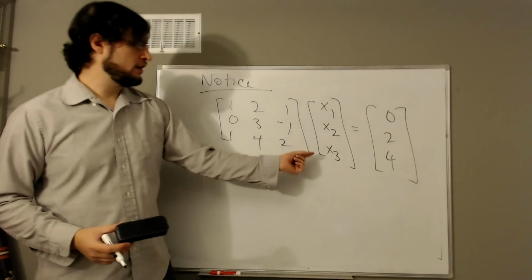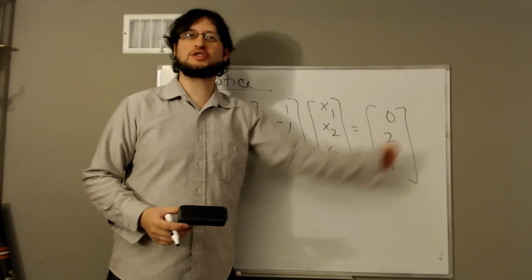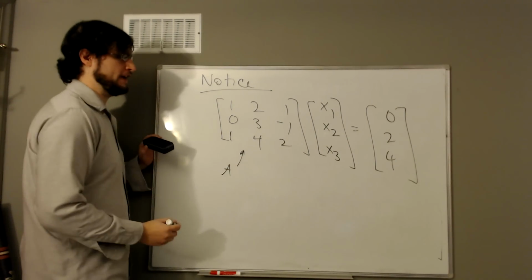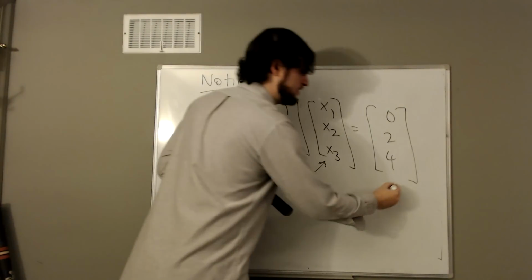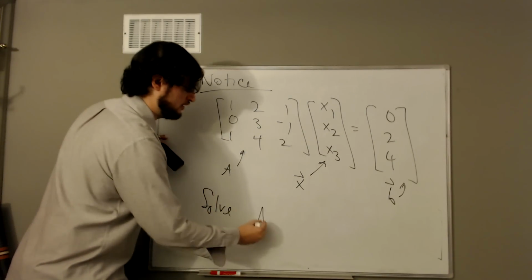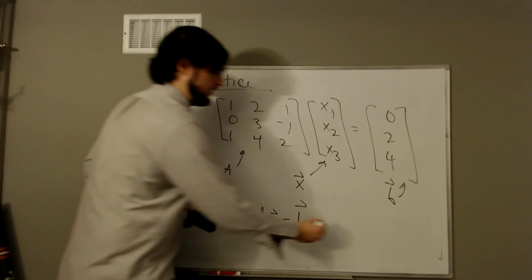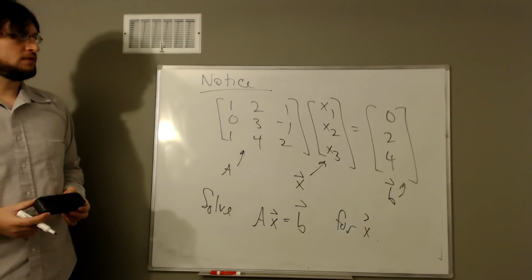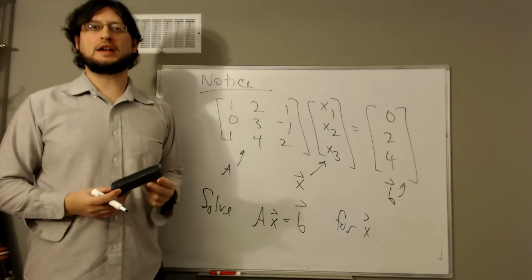And I can say, what are x1, x2, and x3 that will solve this equation? Okay, so if I call this matrix A, this vector x, and this vector B, what I'm saying is solve Ax equals B for x. And that's a question that we can ask. Figure out what x1, x2, and x3 are that will make this work, if there are any.